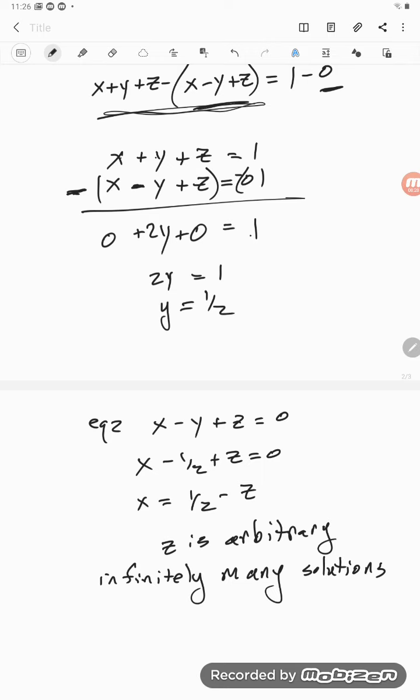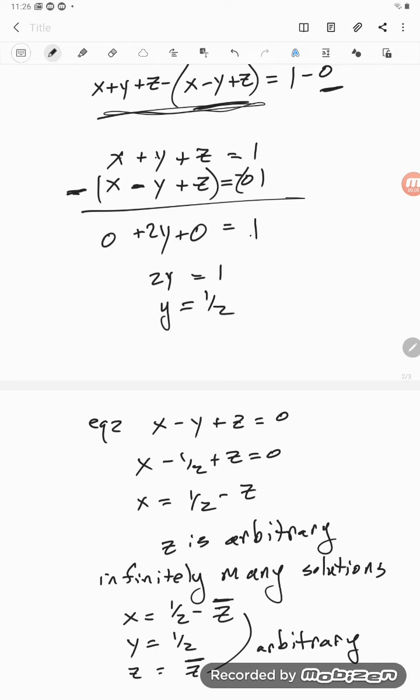Now, the way you might write this is something like x is equal to 1/2 minus, we'll call it z bar, okay? y is equal to 1/2, and z is equal to z bar, right? That's showing this z is arbitrary, okay? So that's how I might write this solution.